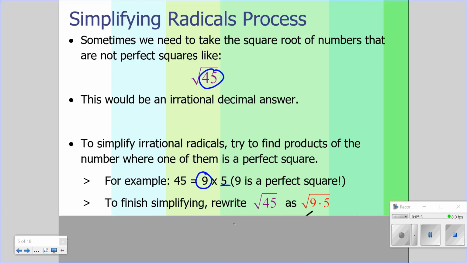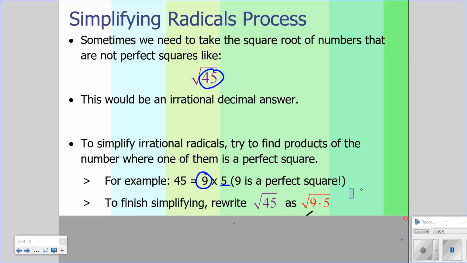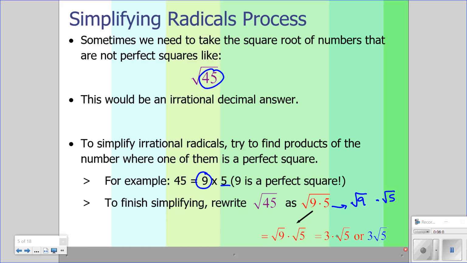So we'll look at that today. So what you would do in your work is show, okay, I can break 45 into 9 times 5, and this is our square root product rule, where if we have multiplication, we can break it apart. So here, if I can rewrite 45 as 9 times 5, and then because I can take the square root of 9, I could break this apart into the square root of 9 times the square root of 5, continuing to break down, which I have down here.